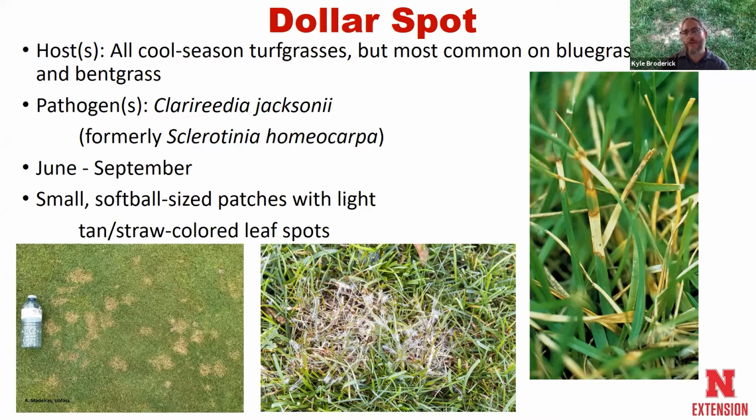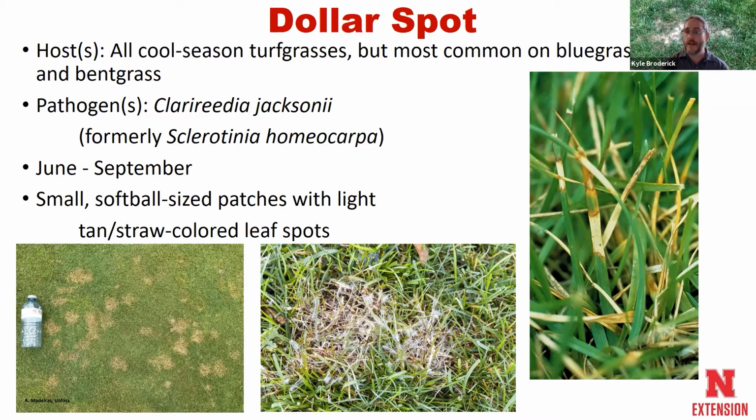And one of the things I want to draw your attention to with these leaf spots is that, similar to brown patch, they'll often have a fairly well-defined margin, but unlike brown patch, dollar spot will often stretch across the entire leaf blade.